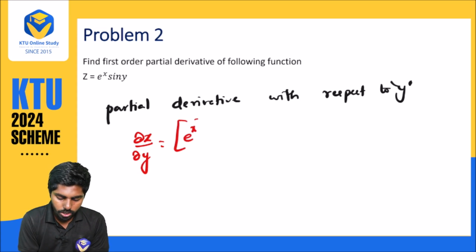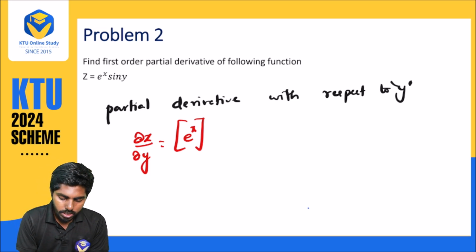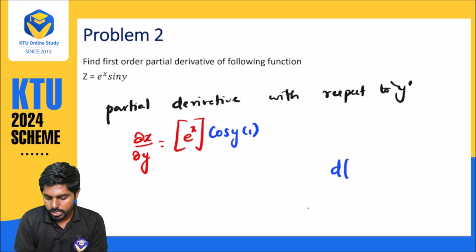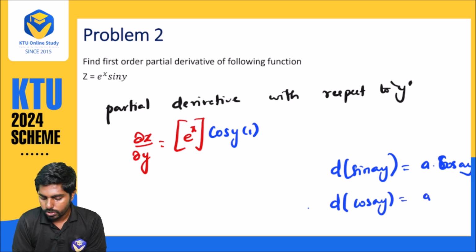Taking e power of x outside, what is the differentiation of sin y? That is cos y into 1. Differentiation of sin ay is a into cos ay. Similarly, differentiation of cos ay is a into minus sin ay.